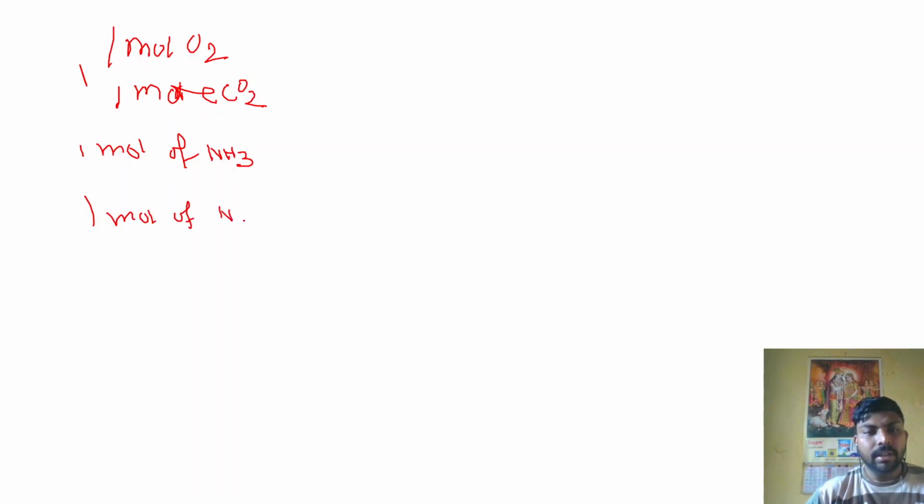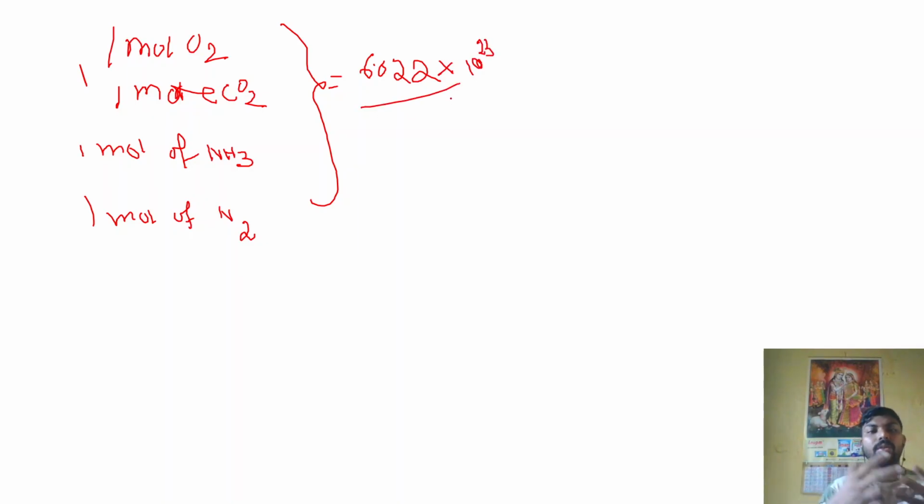If I ask how many entities are present, you just tell that the Avogadro number of entities are present in 1 mole. See, if the word 1 mole is there, that means that many entities should be present, whether it is a molecule, an atom, an ion, anything. If the term 1 mole is there, it means it has the Avogadro number.